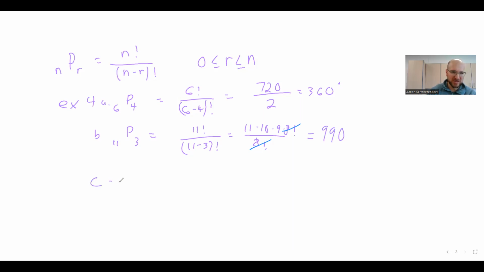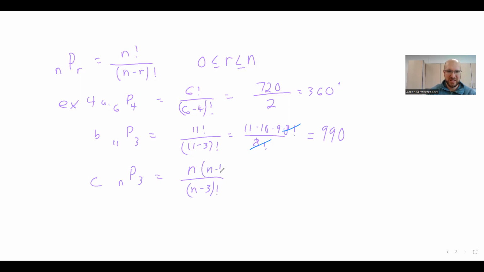Now we're going to do this in more general terms. nP3. That is n factorial on top, so the bottom is going to be n minus 3 factorial.